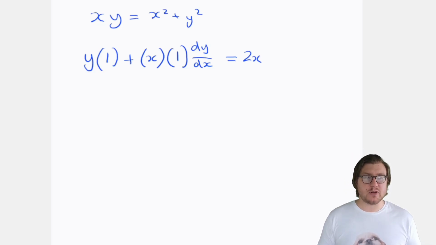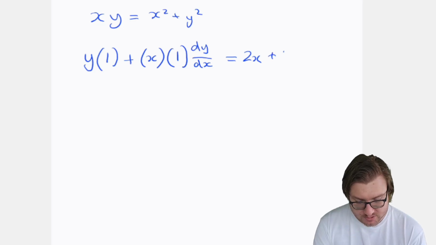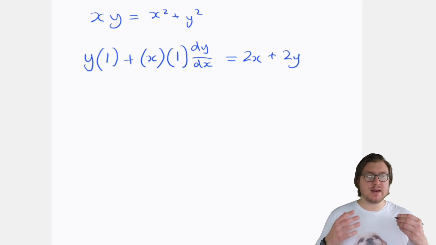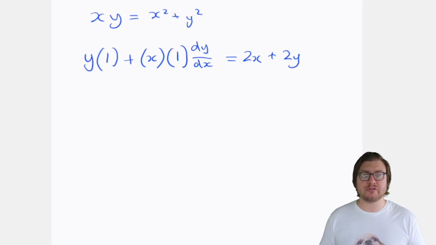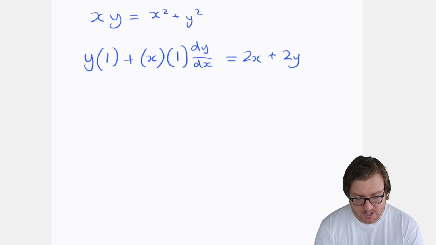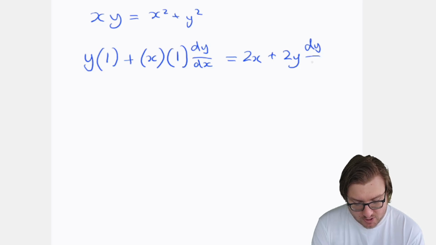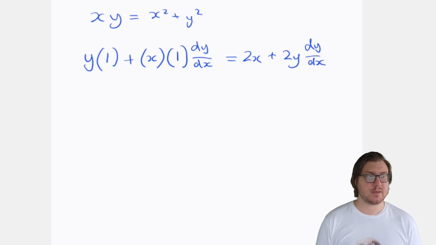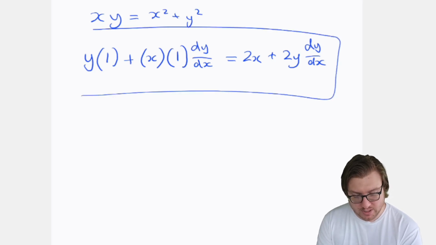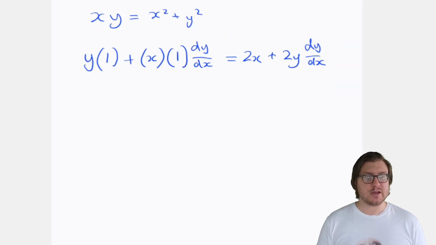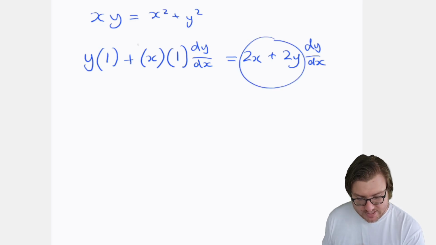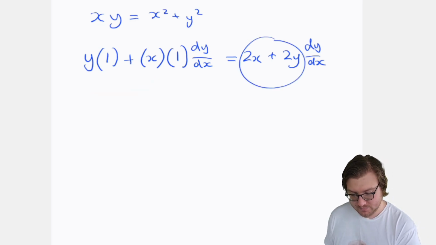Differentiating y squared, well, that will give us 2y. But again, every time you have a derivative of something with y, you have to multiply by dy by dx. And now we have a very long equation that gives us the derivative in terms of x's and y's.